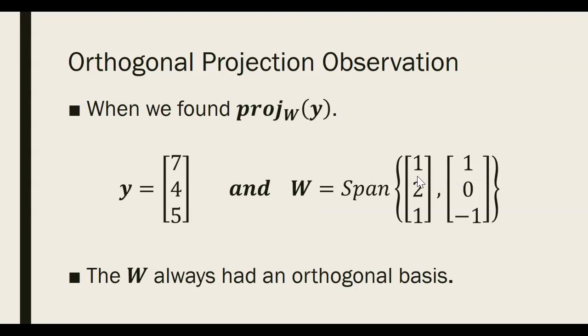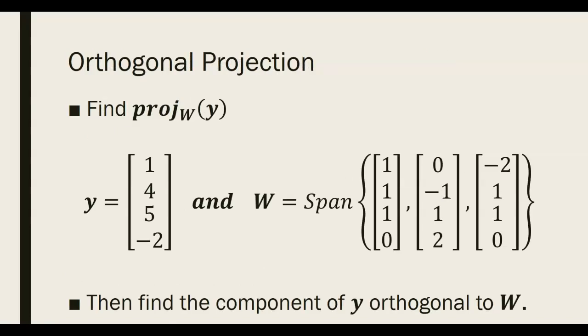Like in this example, when we projected 7, 4, 5 onto W, the span of W was 1, 2, 1, and 1, 0, negative 1, or linear combinations of those two. But those two vectors themselves were orthogonal. And even when we had 3 dimensions for our W, this set here, which forms a basis for W, is an orthogonal set.